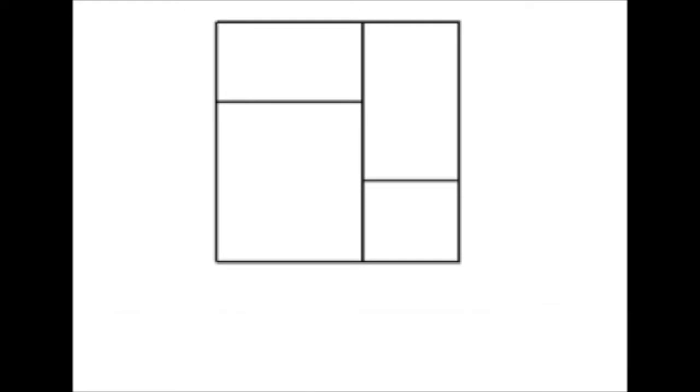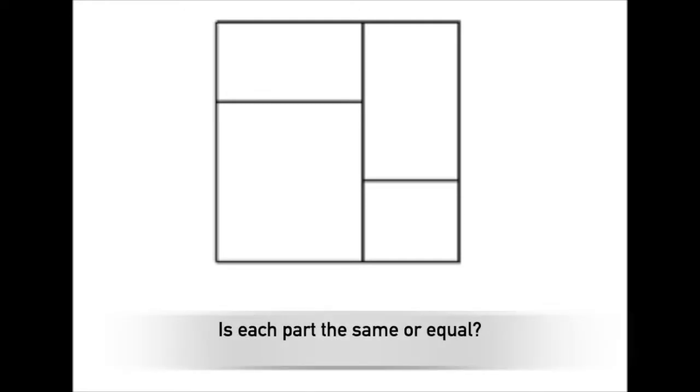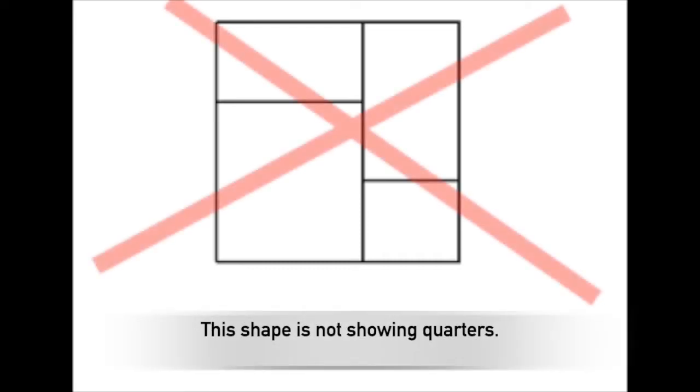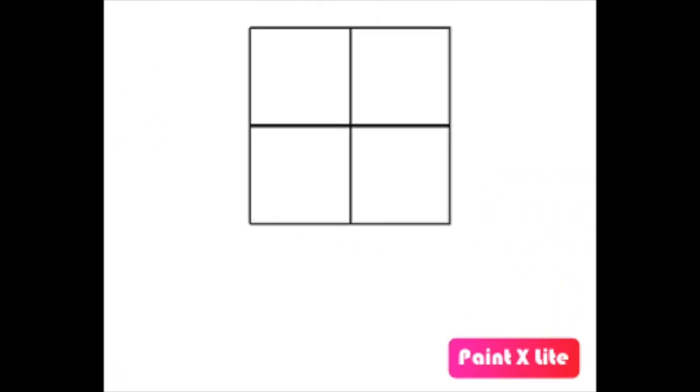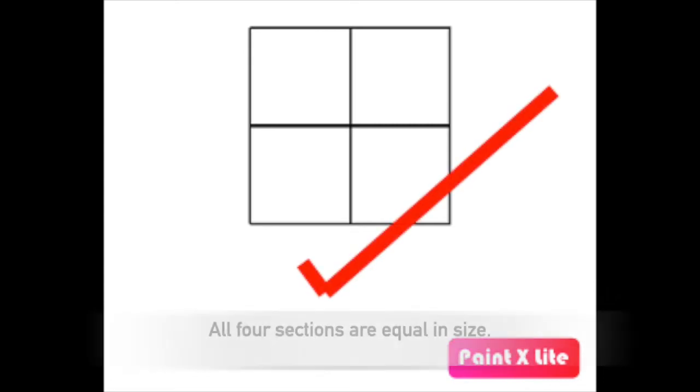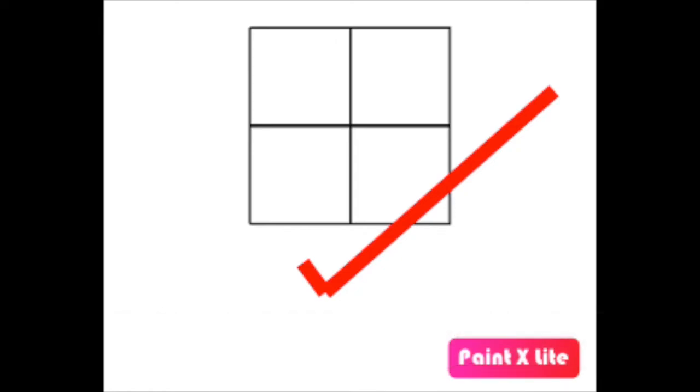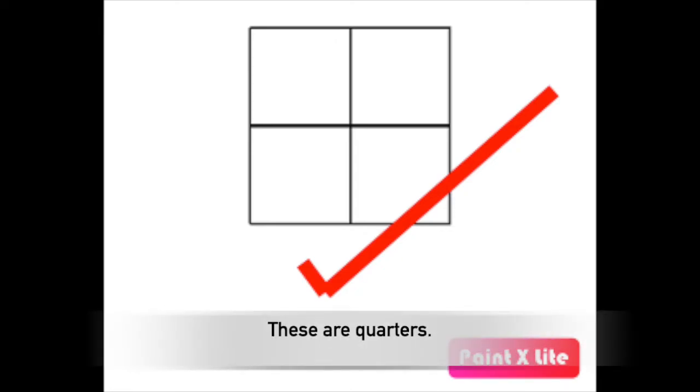But the big question is, are the parts the same or equal? No. Well done, they are not. So this shape is not showing quarters. But how about this one? Yes. Well done. All 4 sections of this shape are equal in size, so these are examples of quarters.